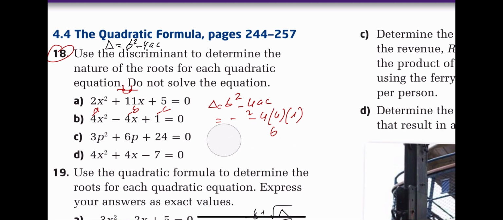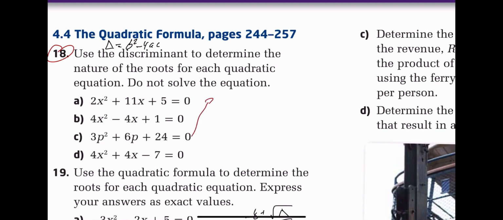Let's see the third one. Maybe it will be different also. It's the same thing. Delta is equal to b squared minus 4ac. This is my a, my b, my c. I always do the same thing. I have to show where my a, my b, my c are, so I won't be confused. So it is 6 squared minus 4 times 3 times 24. This is a big number.